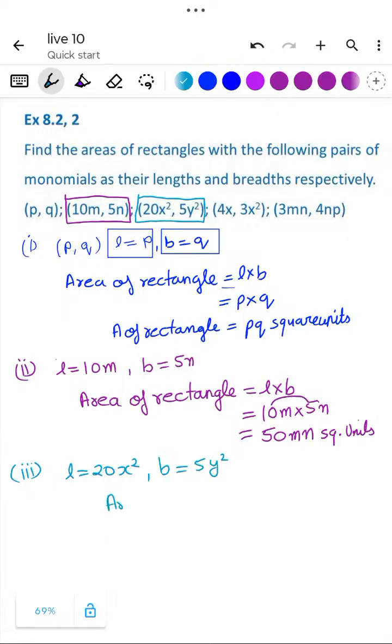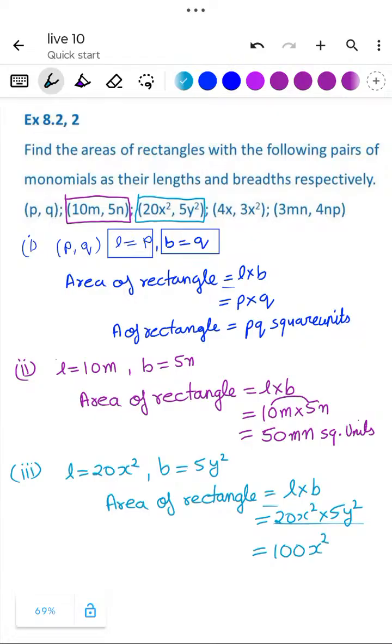So the area of the rectangle will be equal to L into B, length into breadth. L is 20x square times 5y square. So on multiplying the digits, 20 times 5 is equal to 100, and x square y square square units.